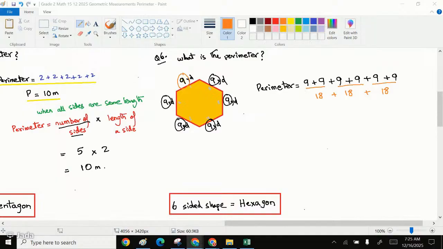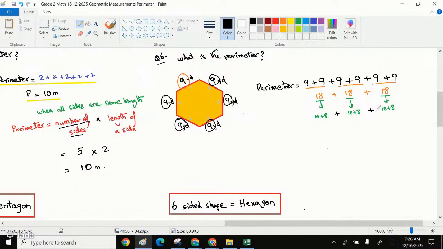Okay, good. Let's see how we can add them together. I'll give you both the answers. Can I write this 18 as 10 plus 8, this 18 as 10 plus 8, and this 18 as 10 plus 8? They all are being added together. Adding 18 plus 18 plus 18 can be difficult, but adding 10 plus 10 plus 10 can be simple.